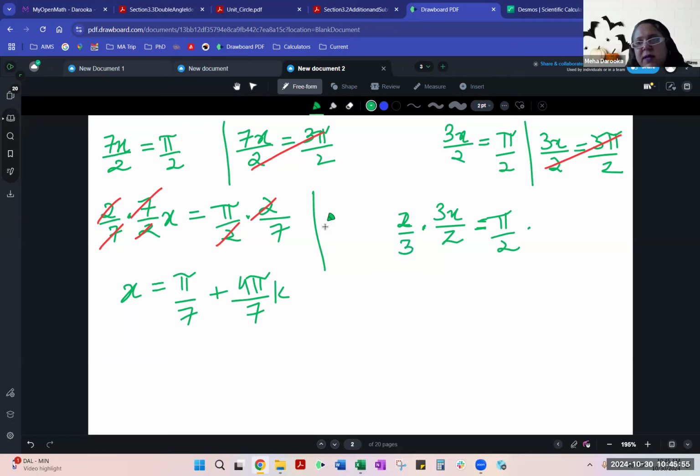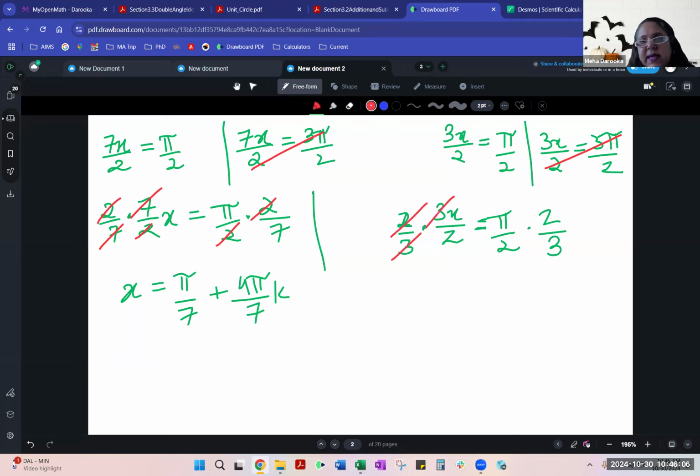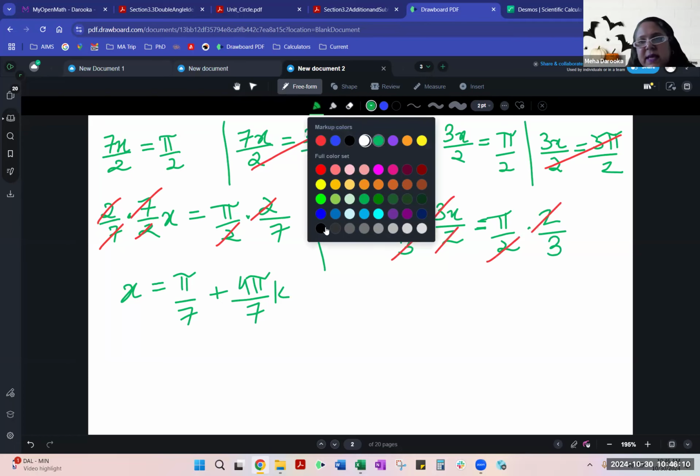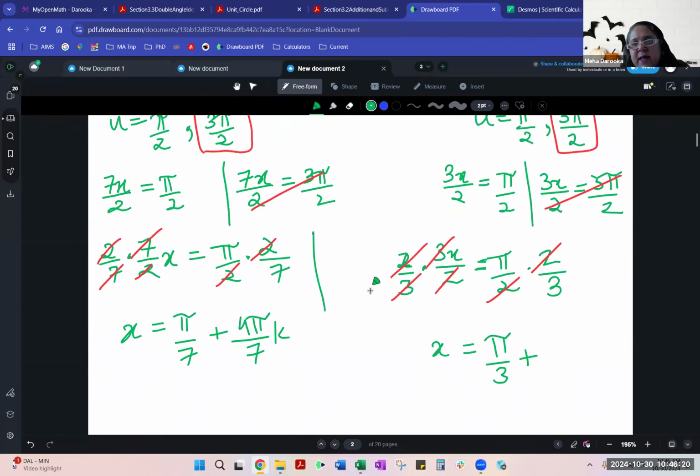And then same thing on the right-hand side. So these cancel out, leaving us with x. Same thing here, 2 and 2 cancel out, leaving us with x equals, like you guys said, pi over 3. And then this had a periodicity of, wasn't that 4 pi over 3? Yeah.